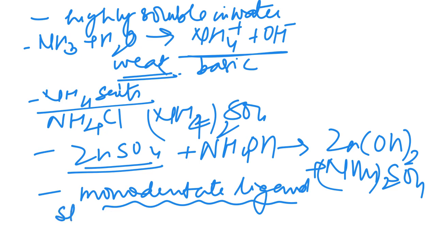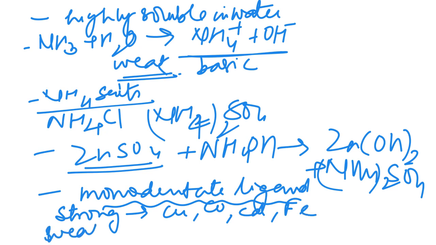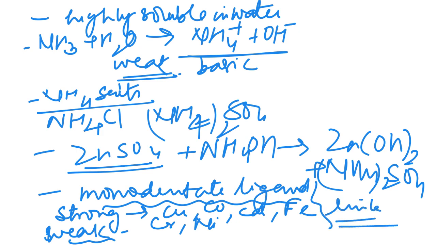It acts as a strong ligand if it combines with copper, cobalt, cadmium, iron, and if it combines with chromium and nickel, then it behaves as a weak ligand. This property is nothing but to link with the metal atoms through a coordinate bond.